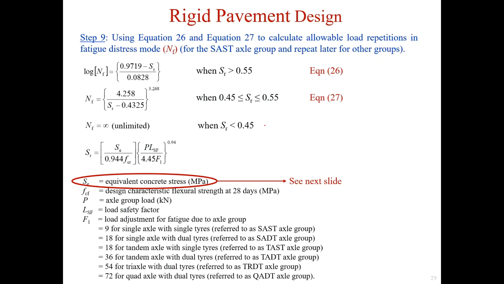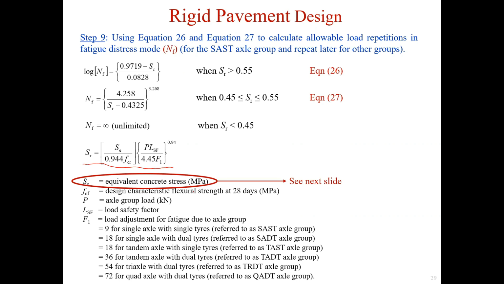Next is step 9, which is to use equations 26 and 27 to calculate the allowable load repetitions in fatigue distress mode, Nf, for the SAST axle group. The SR could be calculated using the formula here, where SE is the equivalent concrete stress in megapascal. We will provide a bit more detail in the next slide.